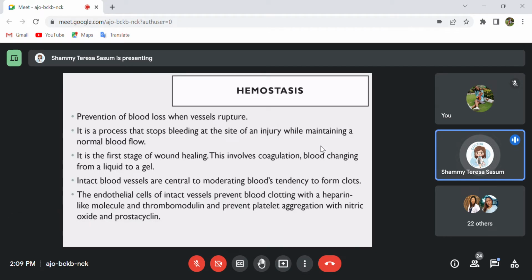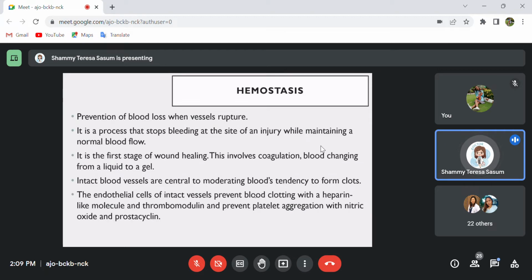Let us learn about hemostasis, the prevention of blood loss when vessels rupture. It is a process that stops bleeding at the site of injury while maintaining a normal flow of blood. It is the first stage of wound healing, involving the blood changing from liquid to gel.